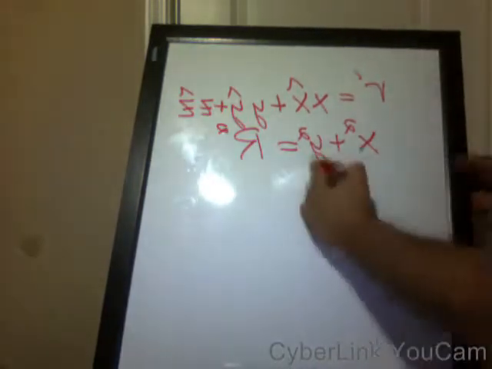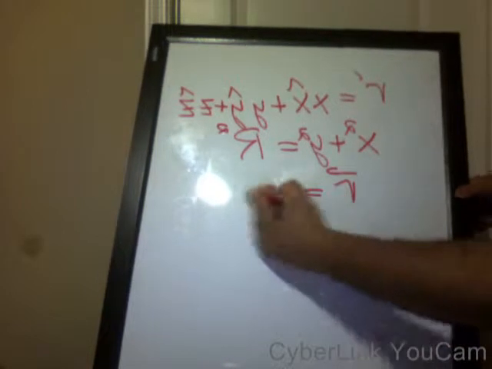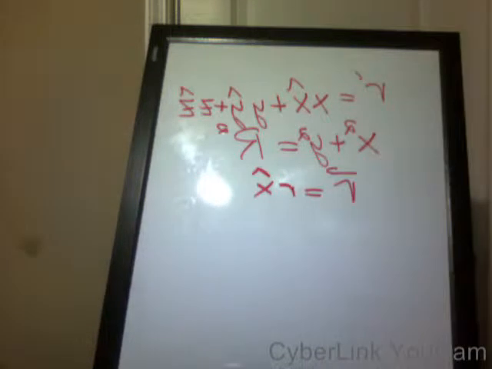And then, of course, we have vector r. In this case, we'll have it equal to r and the unit vector of x.